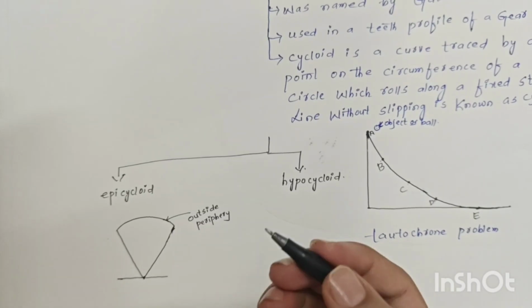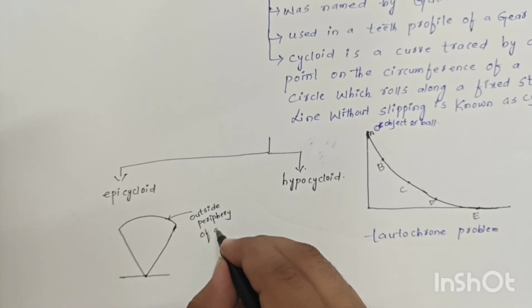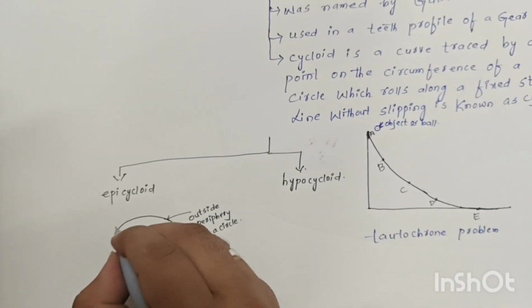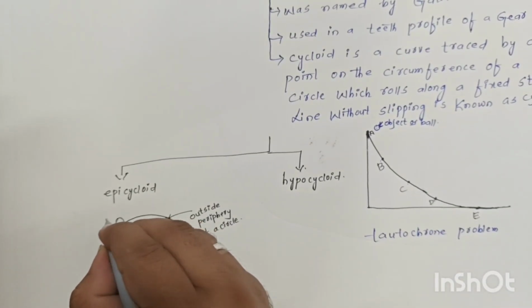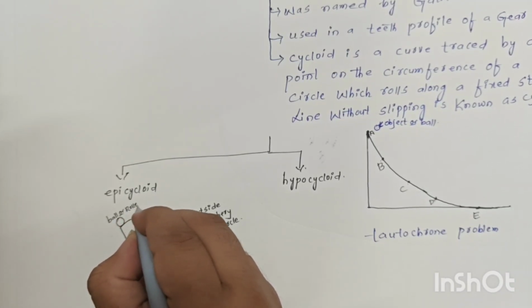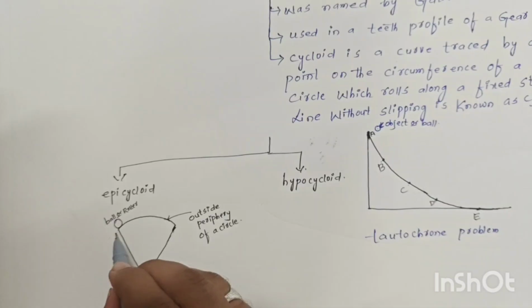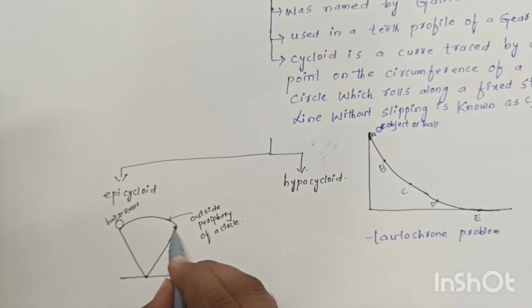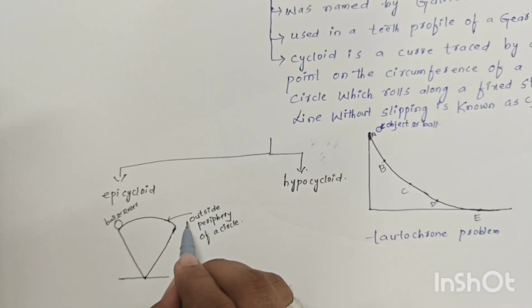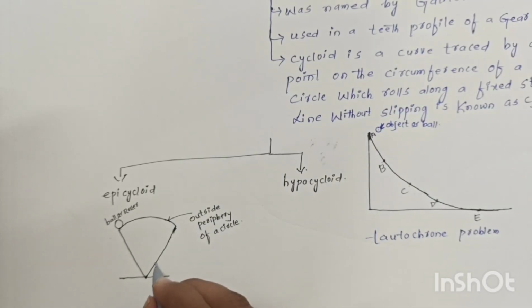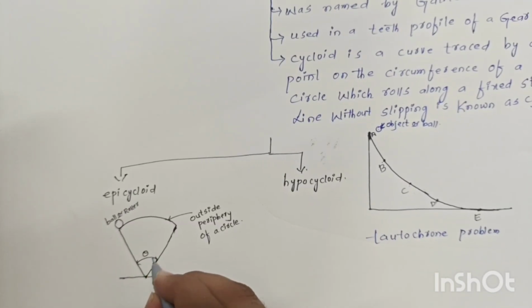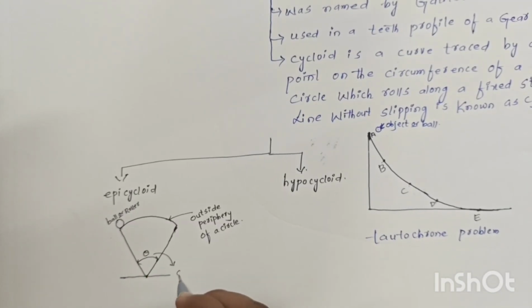Generally we can say the periphery of a circle. Let us assume the ball or roller rolls outside the periphery of the circle without slipping as it moves. The angle made here is known as the subtended angle.